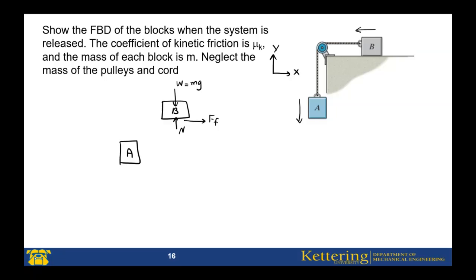Mu k multiplied by weight, mass, multiplied by velocity. The frictional force is equal to mu k multiplied by, yes, the normal force.